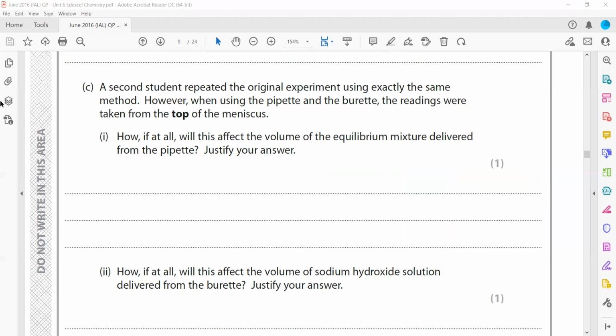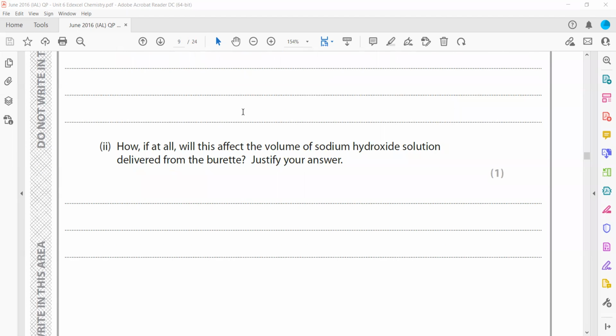And if at all, how does this affect the volume of sodium hydroxide used?